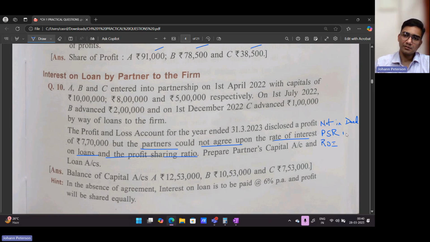So profit sharing ratio by default will be 1:1. And rate of interest is not mentioned. That means we will take 6% per annum. So these two are signified by this line, which is mentioned here. Prepare partners capital account and the loan accounts. So we have to prepare two things here.